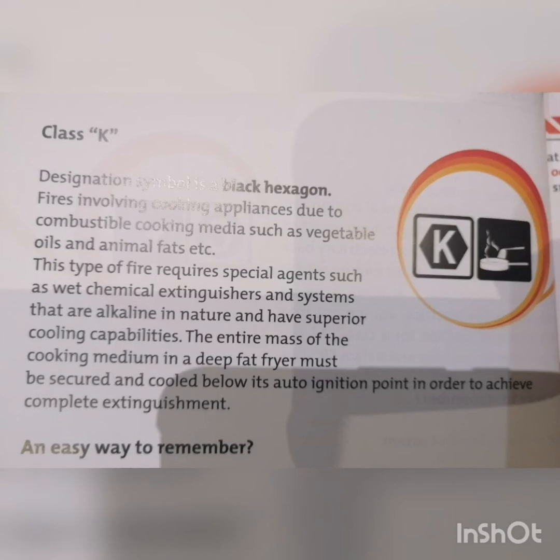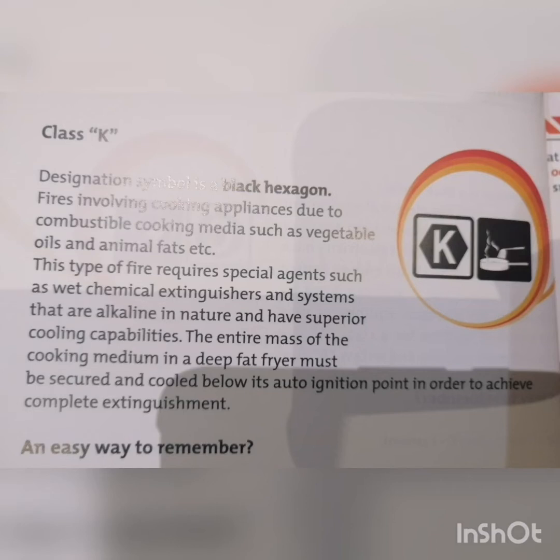Then we're talking about the Class K fire. Their symbol is black. This fire involves cooking appliances due to combustible cooking media such as vegetable oil or animal fat.